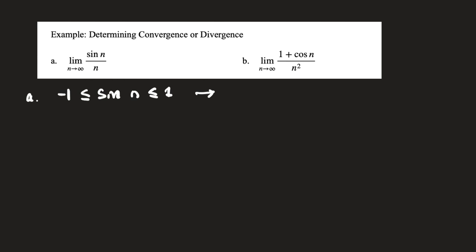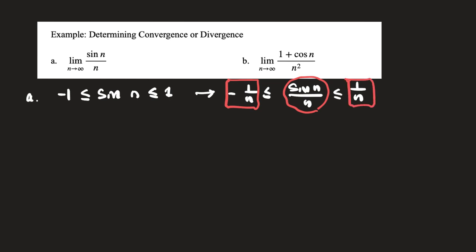So here we divide by n on all sides, guys. So -1 over n is less than or equal to sine n over n, which is less than or equal to 1 over n. We want to look for this limit, but we know the limit of the outer sequences. The limit of -1 over n, taking the negative sign out, is 0, right?